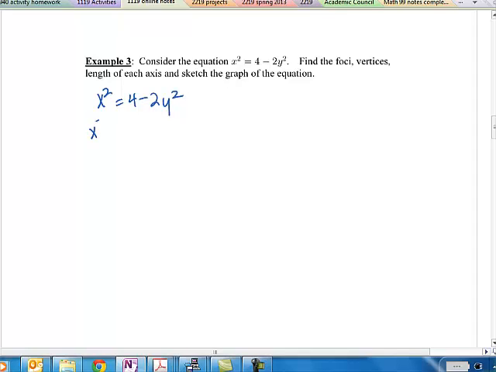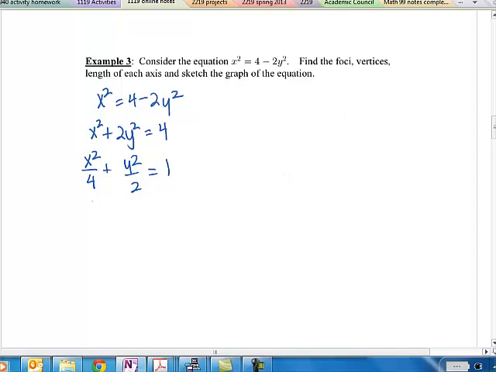So if we rearrange, we'll have x squared plus 2y squared equals 4. And then if we divide everything by 4, we'll have x squared over 4 plus y squared over 2 equals 1. And now we've got standard form because we've got a 1 on one side and the x squared and the y squared terms on the other.